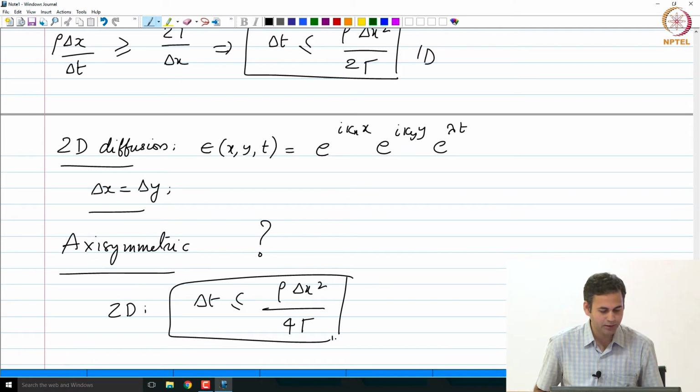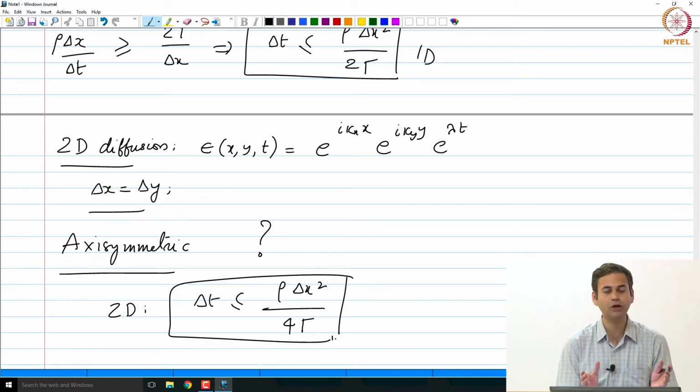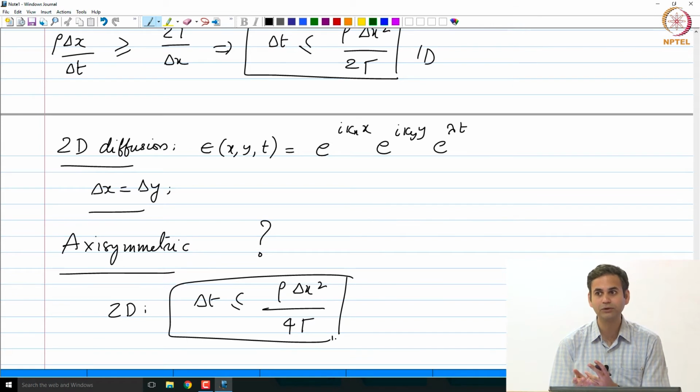So, you have solved a 1D problem. Now, if you want to do the same thing for 2D, do you have to reduce your delta t or can you just take the same delta t? You have to reduce, right. Now, it is only half of what you have taken in the 1D. That is what is coming out from the stability analysis. So, 2D problems are much more restrictive in terms of time stepping when it comes to explicit schemes.